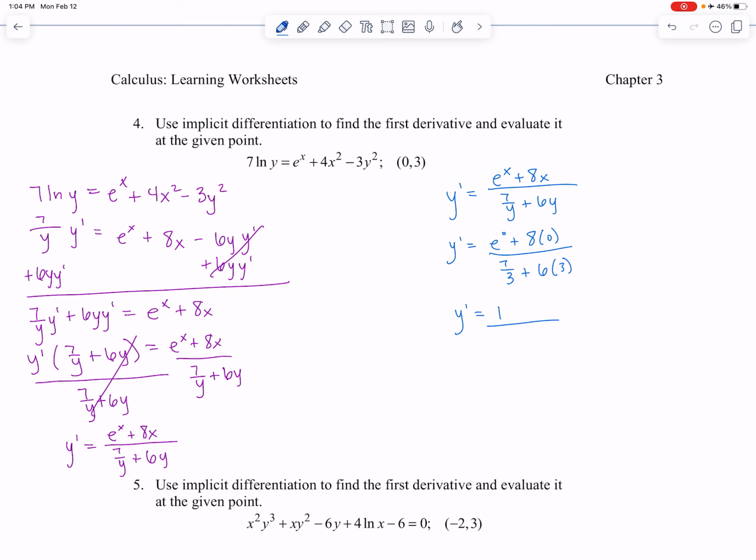Find a common denominator, we can add those. 61 over 3. And so really we're taking the reciprocal of that, 3 over 61.